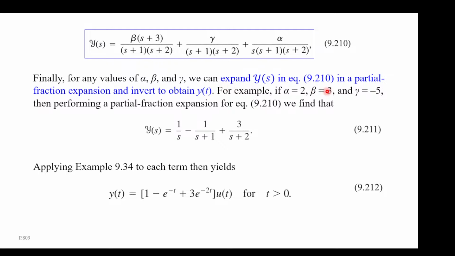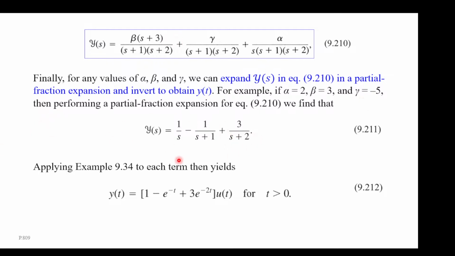So here we have some arbitrary values. We can do partial fraction expansion and invert the unilateral Laplace transform to obtain your time domain signal. So here we pick a very particular alpha, beta, and gamma: alpha equal to 2, beta equal to 3, and gamma equal to -5.